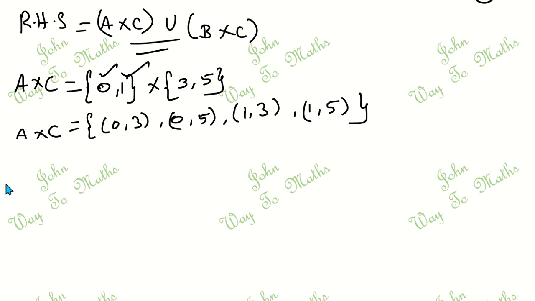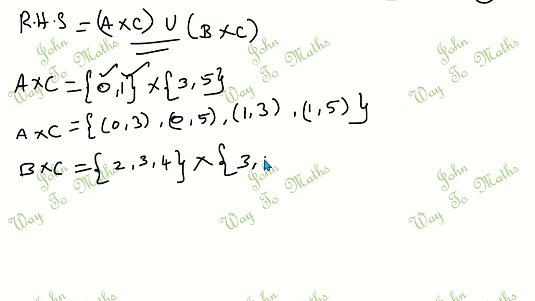So next I'm going to find B cross C, which is equal to the B set 2 3 4 cross the C set 3 comma 5.